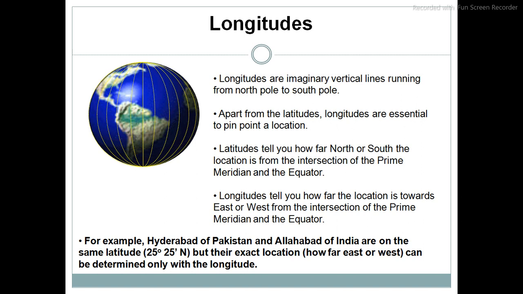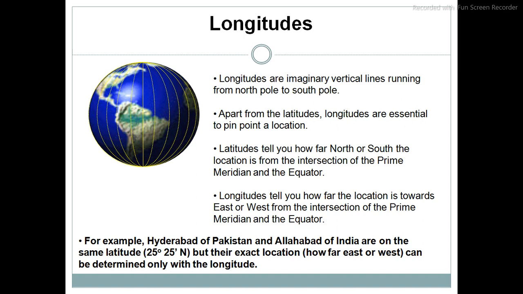Apart from latitude, longitudes are essential to pinpoint a location. Latitudes tell us how far north or south the location is from the intersection of the prime meridian and the equator.